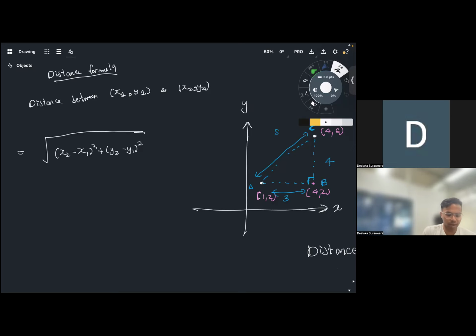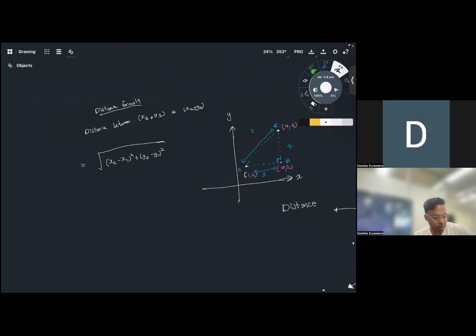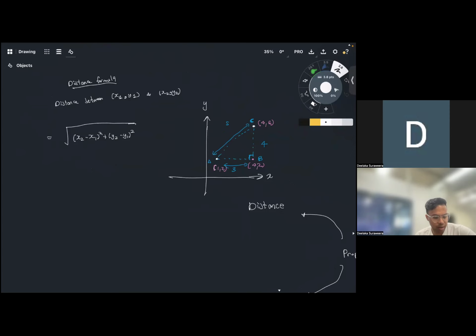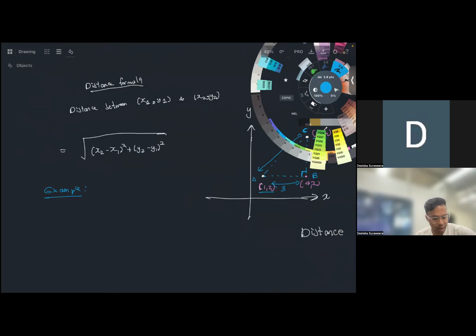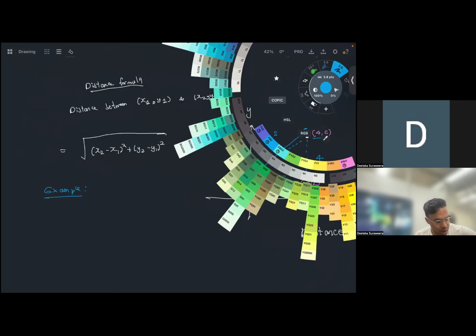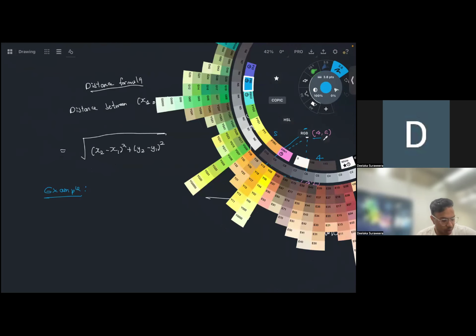Let's come to an example. Let's do these two points, 1, 2 and 4, 6, A and C. You see how it's going to work. Square root of what's x2?